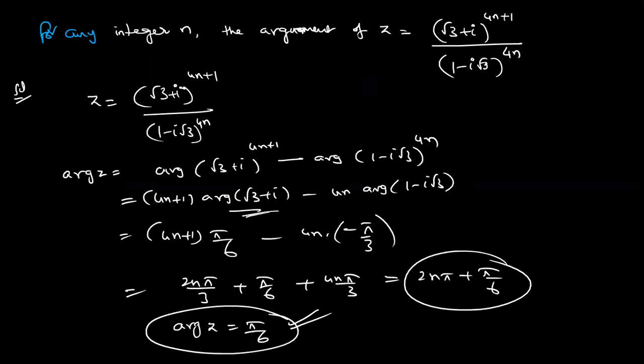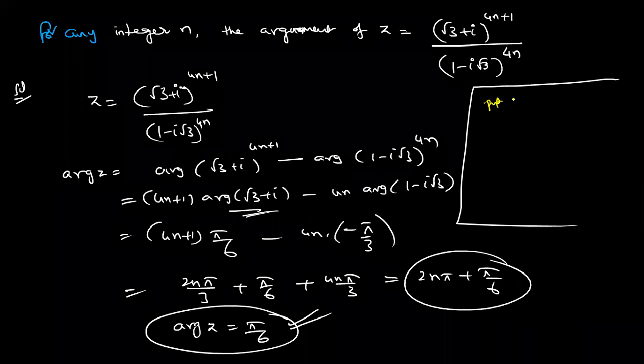Why not? Yeah, take it. Why are you taking n equal to 1? Yeah, directly put n is equal to 0. What is the result? Root 3 plus i. That's all. Then what is the argument of z here? Tan inverse of 1 by root 3. How much? Pi by 6. That's all.